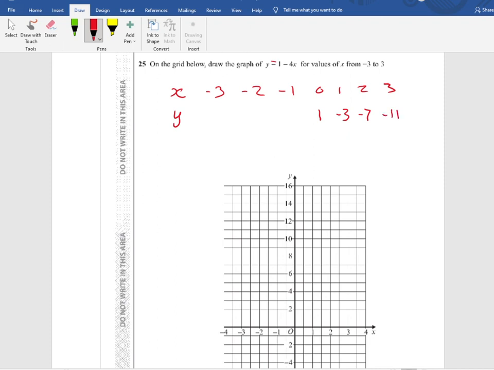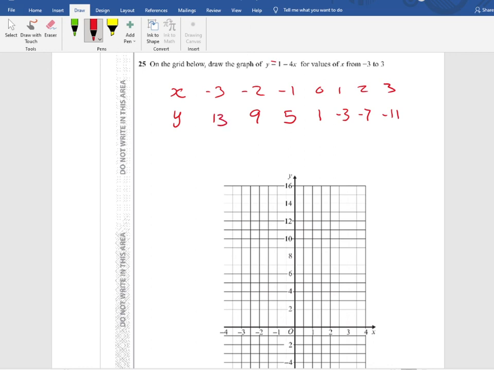Now, when x is minus 1, minus 4 times minus 1 is plus 4, so that makes that 5. Minus 4 times minus 2 is plus 8, so that makes that 9. Minus 4 times minus 3 is plus 12, so that makes that 13.